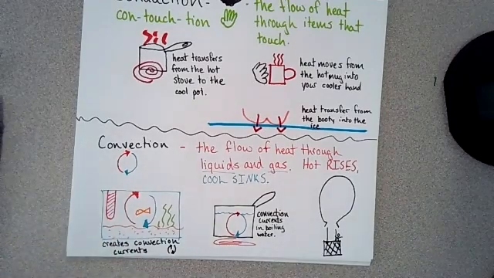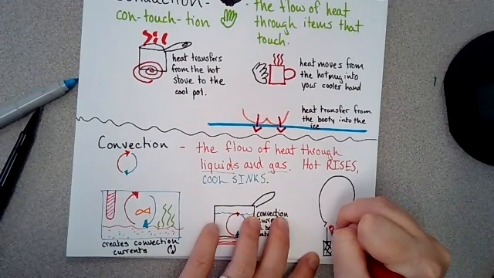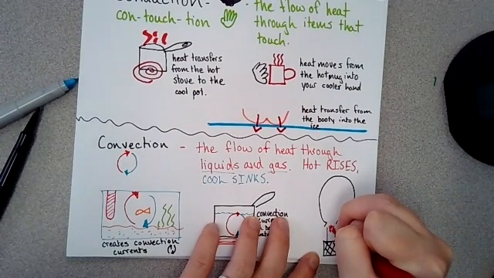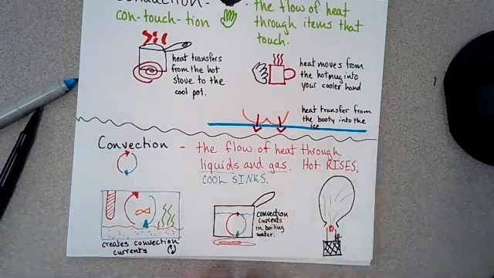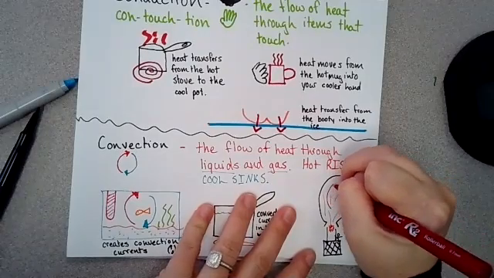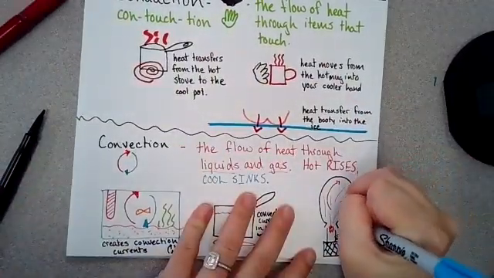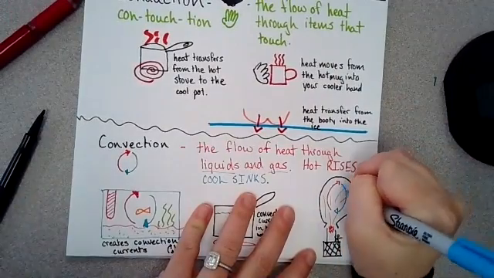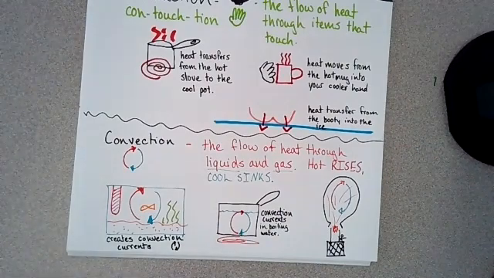They have a gigantic heater that blows hot air up into the hot air balloon. And inside that balloon, the heat rises and the cool air sinks, creating convection currents within the balloon. Okay? So those are all examples of convection.